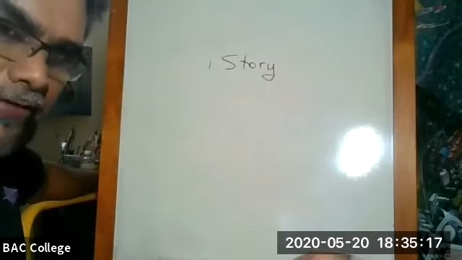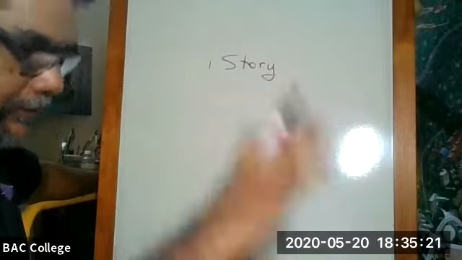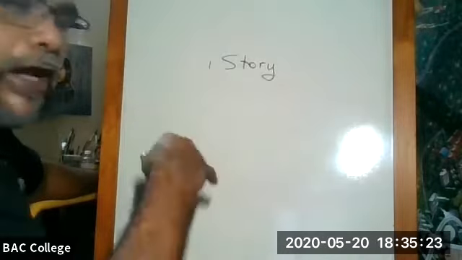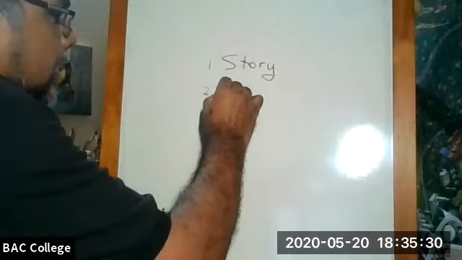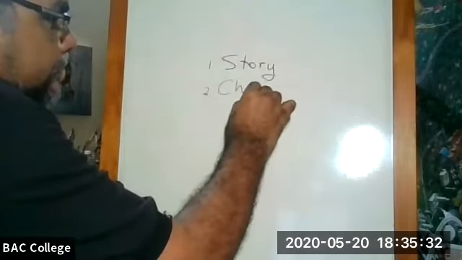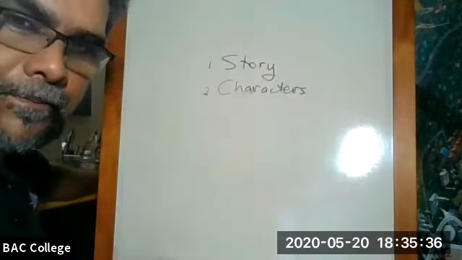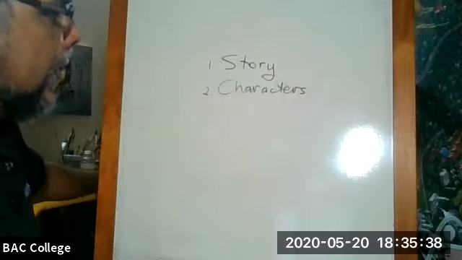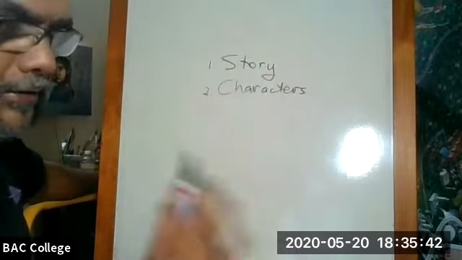If you have an A4 paper, you're just going to get a comic on that paper, just one paper. So you've got to have a story, and number two, you've got to have characters. Once you get these two things going, then you're set.